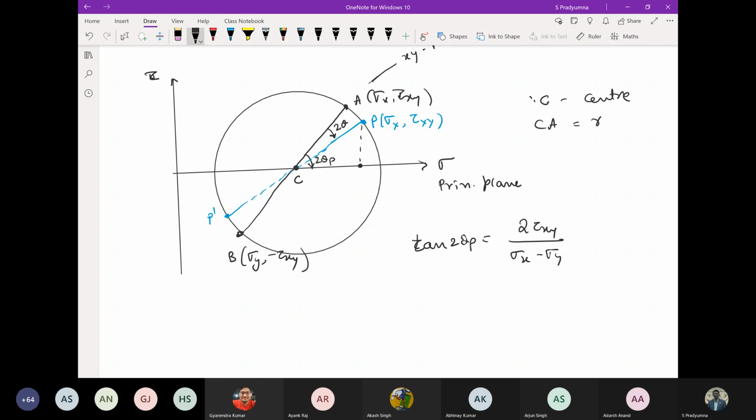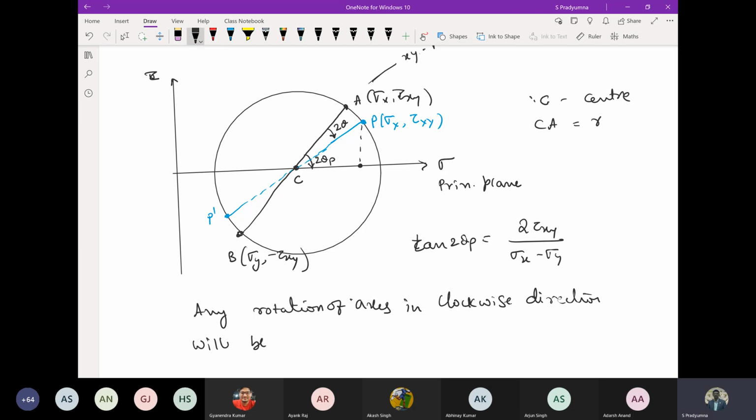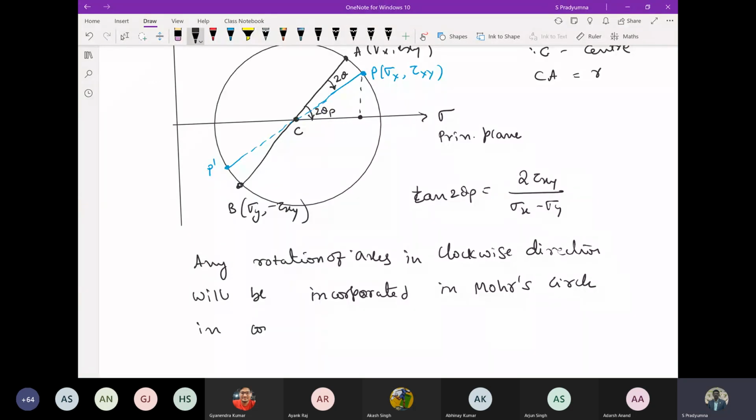So any rotation of the axis in the clockwise direction will be incorporated in the Mohr circle in the opposite direction, in the counterclockwise direction.